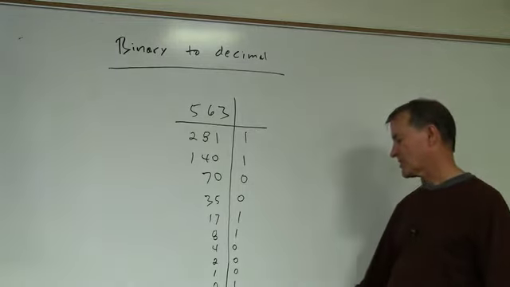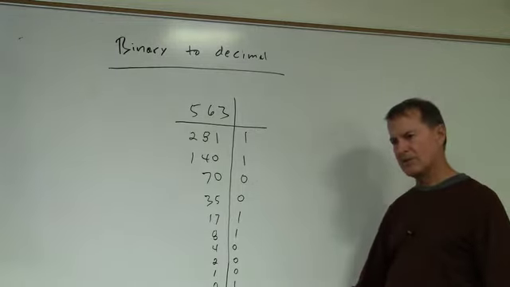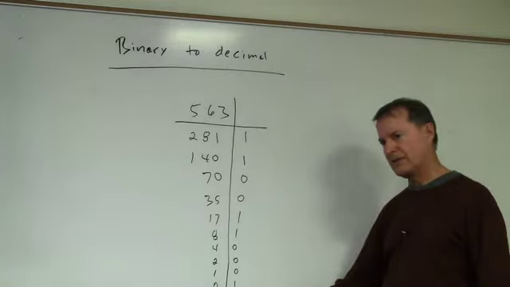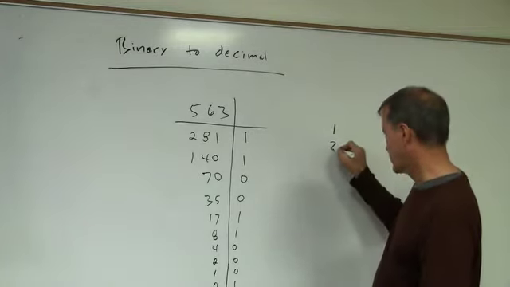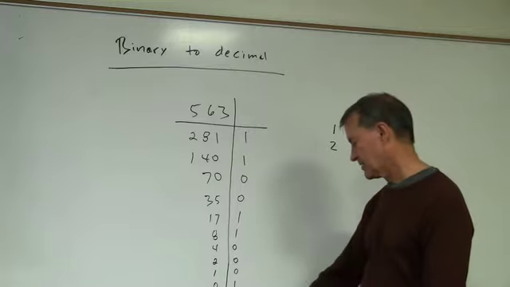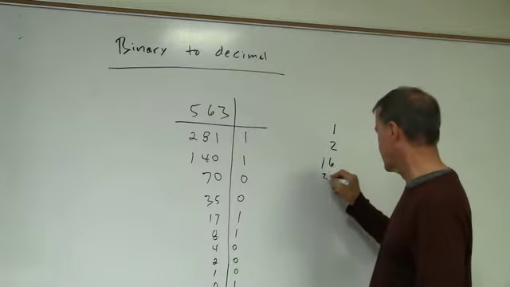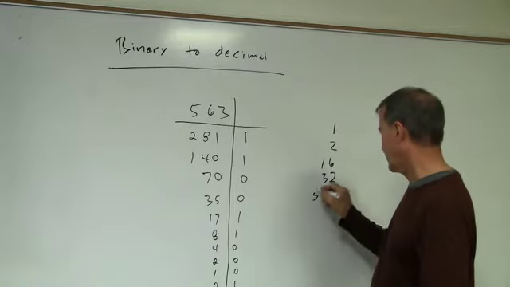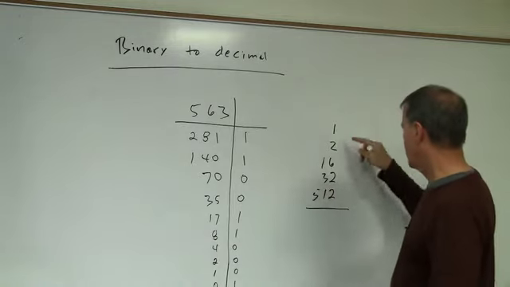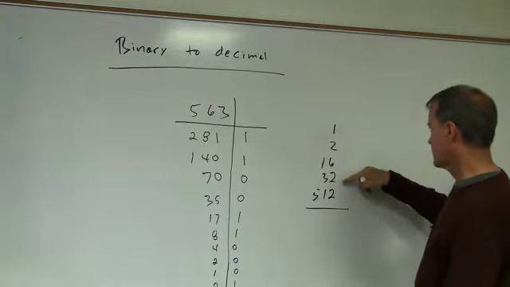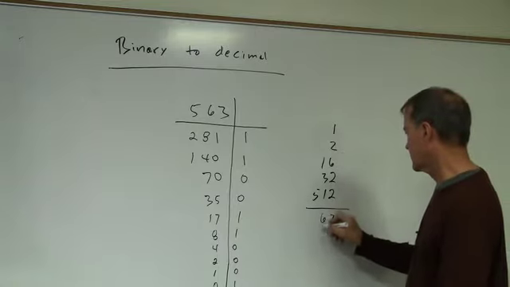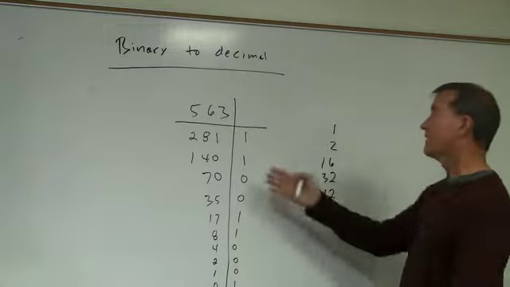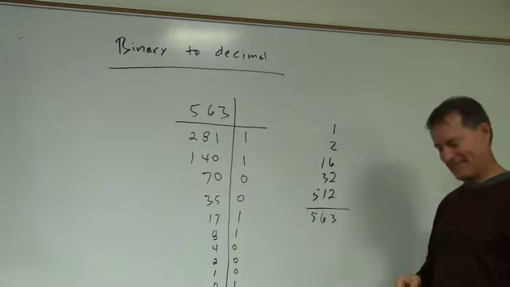And you could double check this by going the other way. Sure. So what do we have here? 1 plus 2, and 4, 8, 16 and 32, and so on, giving 563.